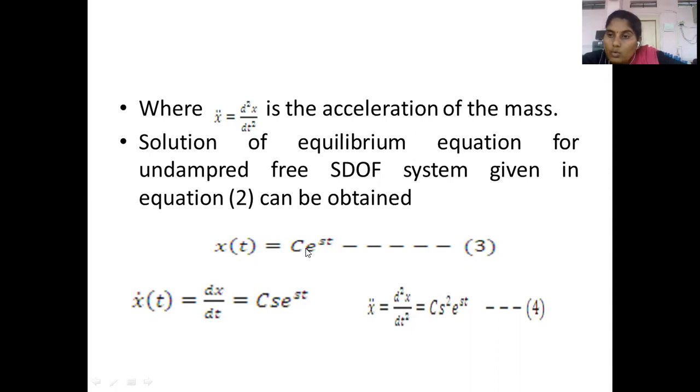So we have to solve this LDE, m x double dot plus k x equal to 0, and for that purpose we put x of t equal to C into e raised to st, where s and C are the variables over here. C is the constant, s is the variable.